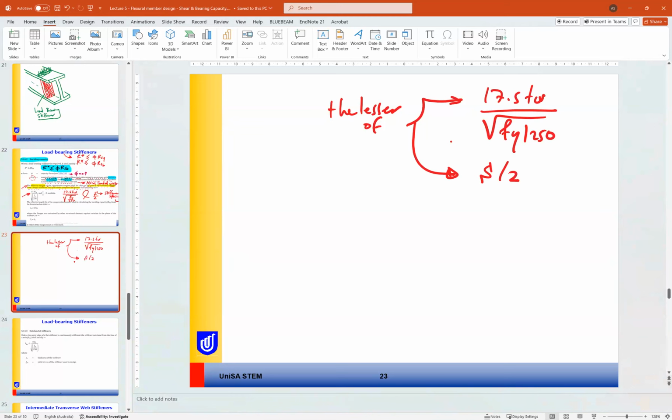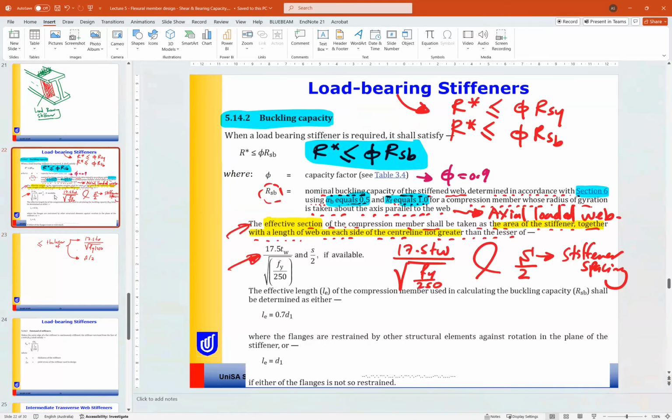Not greater than means less than or equal to. So the effective section in our axial load calculation shall be taken as the area of stiffener together with the length of web on each side not greater than the lesser of these two.